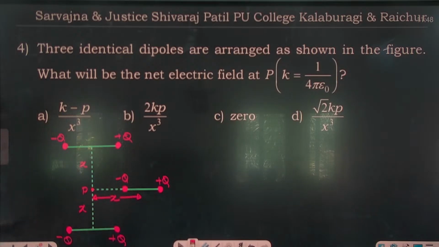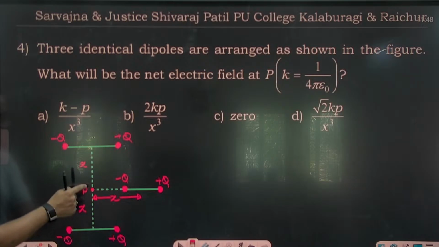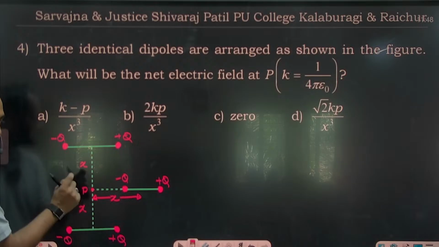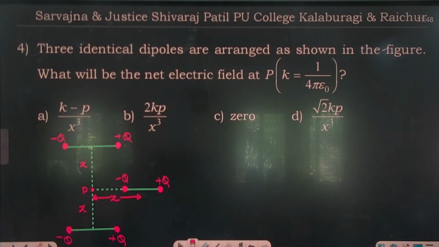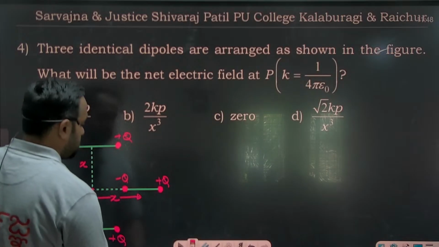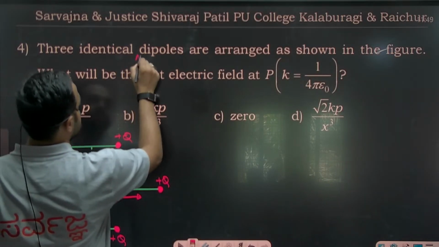So there are three dipoles actually. Yes. So for these two dipoles, this point is an equatorial point, and for this dipole, this will be an axial point. Right.